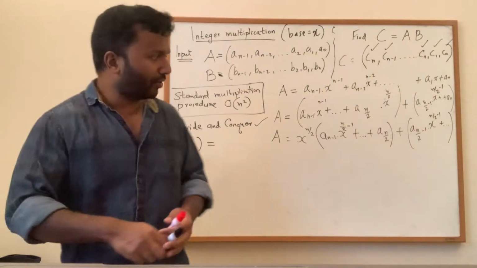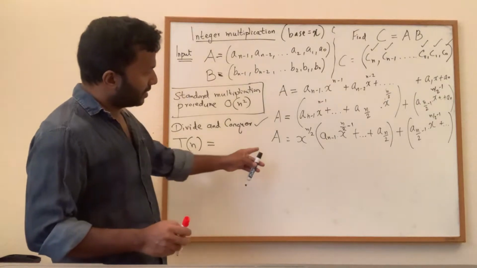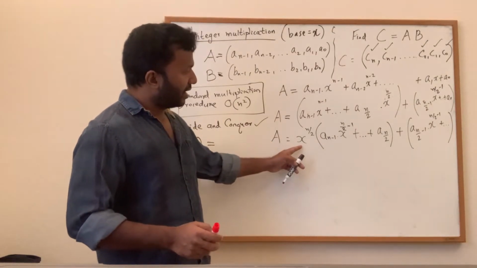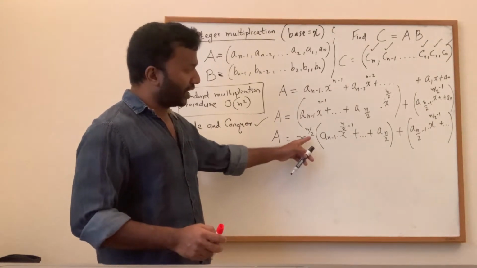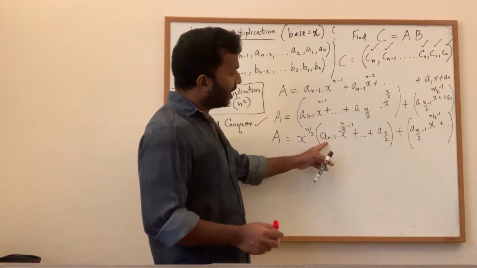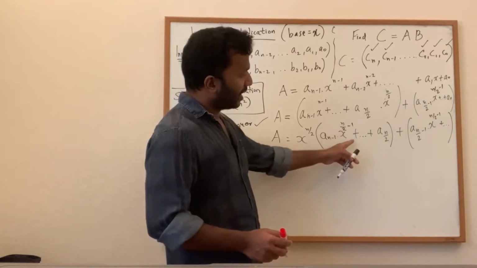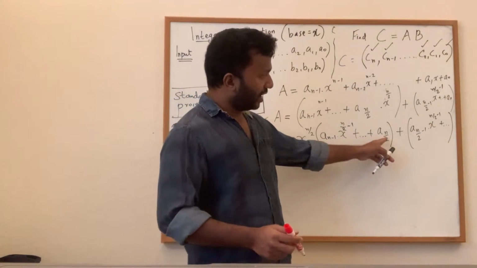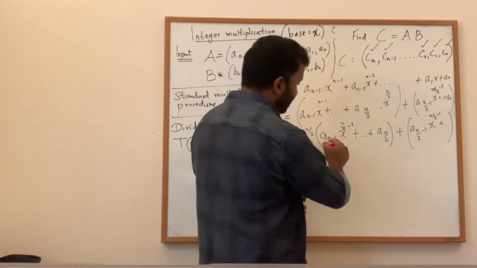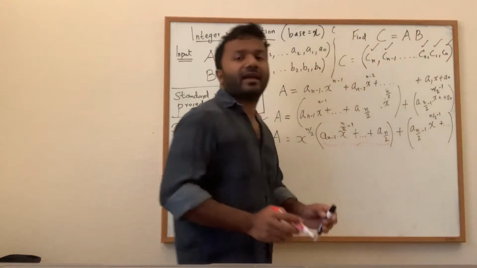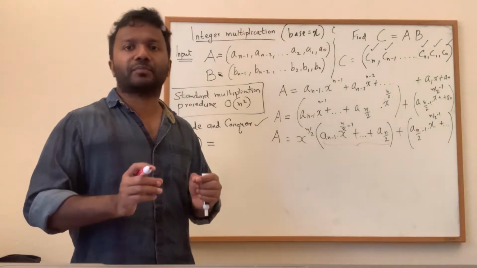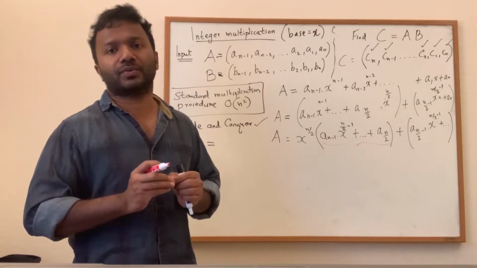Okay, so at this point I want you to have a careful look at this. This can be written as x to the n over 2 multiplied by a n minus 1, a n minus 2, etc. up to a n over 2. So this is essentially a number which has at most n over 2 digits.